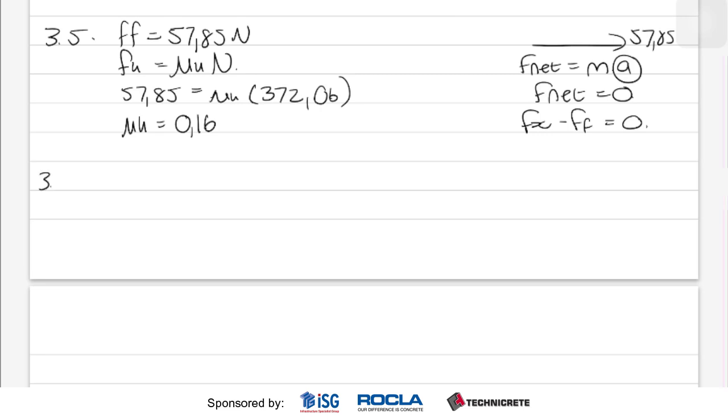Question 3.6 now asks us, will the coefficient of kinetic friction change if the angle of the applied force is decreased? Write yes or no and give a reason. Okay, so they're saying that if the angle of the applied force is decreased, so if we now had our block and our angle came from here and it was now, call it 20 degrees instead of 50 degrees, what effect would that have on our x component and our y component?